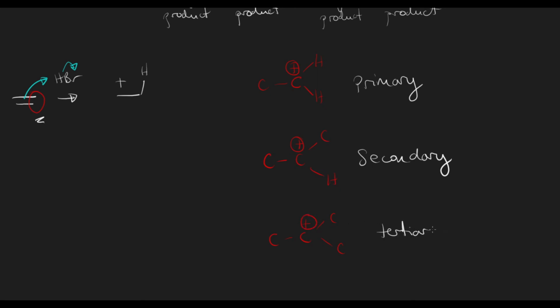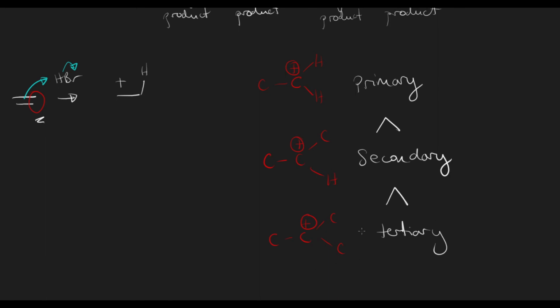And remember that the more carbons you have surrounding the positive charge, the more stable it is. So that means that the rate of reaction goes like this. So tertiary progresses more rapidly than secondary, which progresses more rapidly than primary, because this carbocation is more stable.